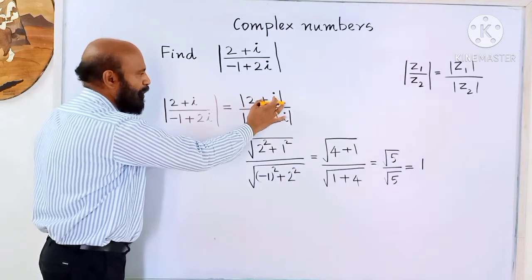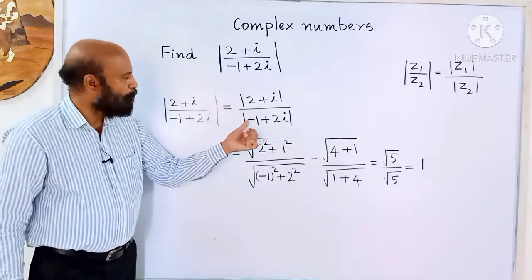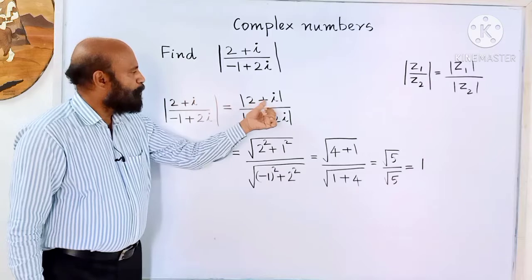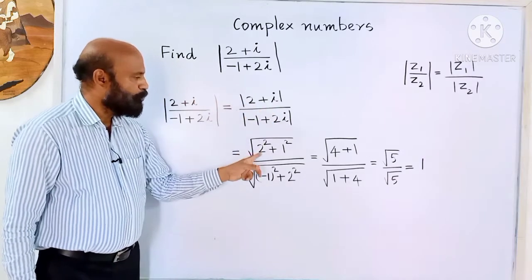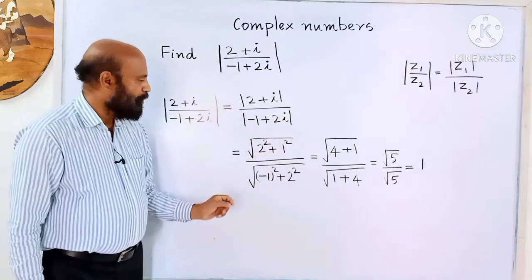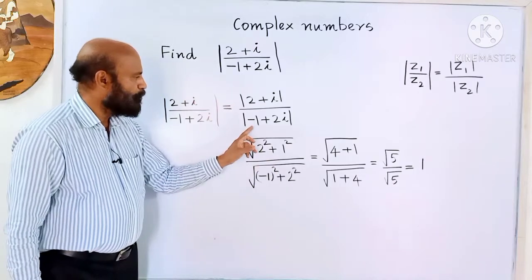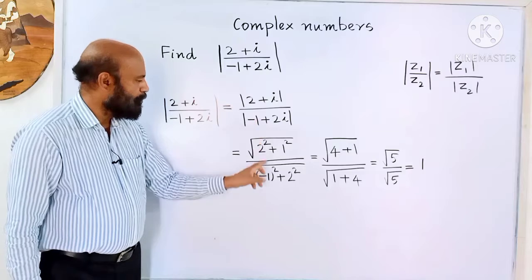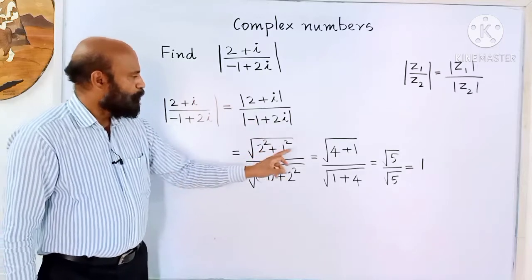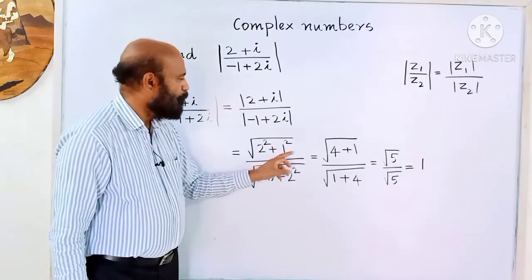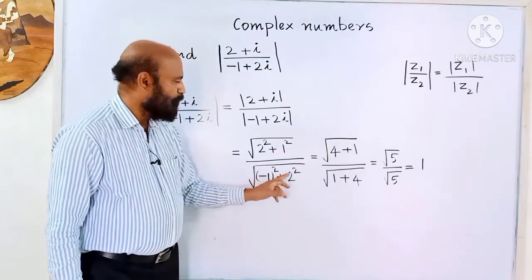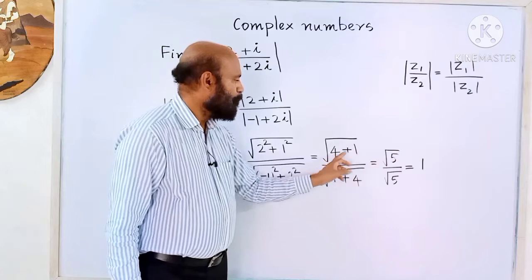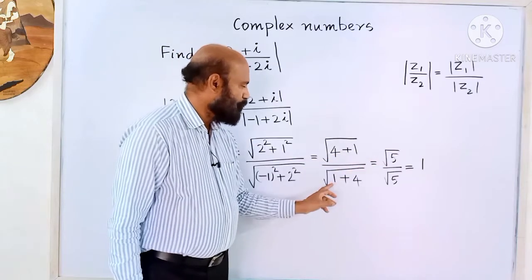Modulus of 2 + i divided by modulus of -1 + 2i. Modulus of 2 + i is square root of 2 square plus 1 square, divided by modulus of this complex number, square root of -1 square plus 2 square. 2 square is 4 plus 1, 5. -1 square is 1 plus 2 square 4, so 1 plus 4, 5.